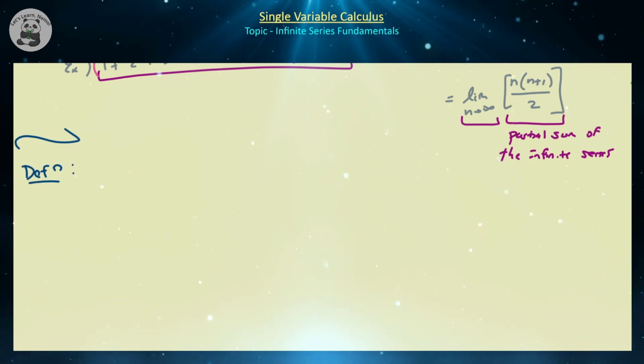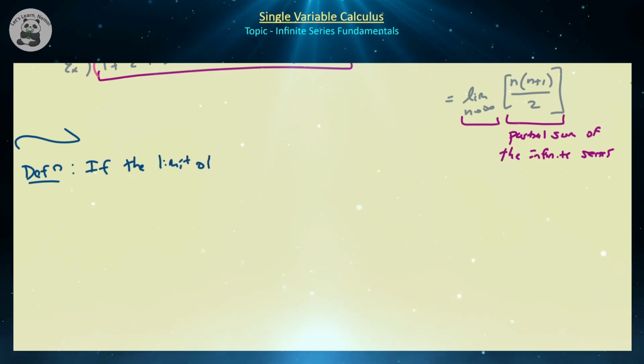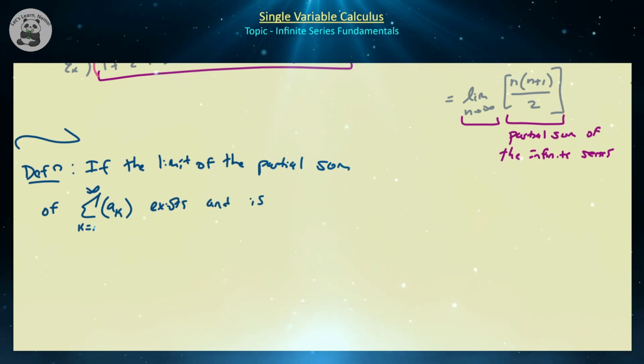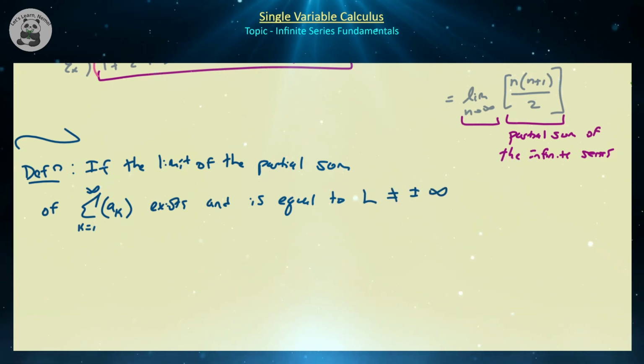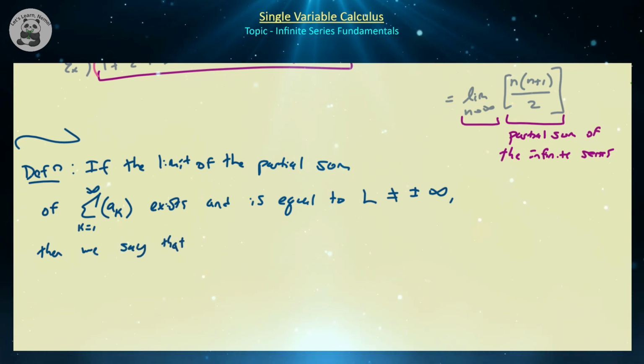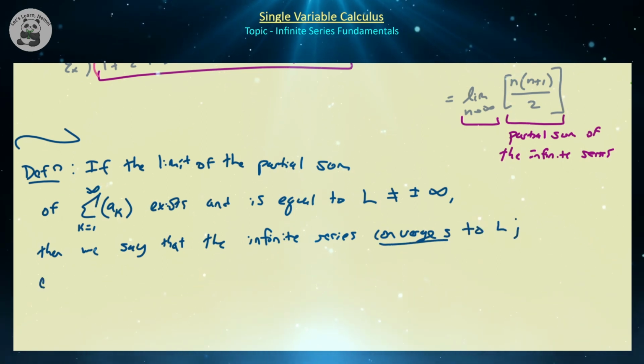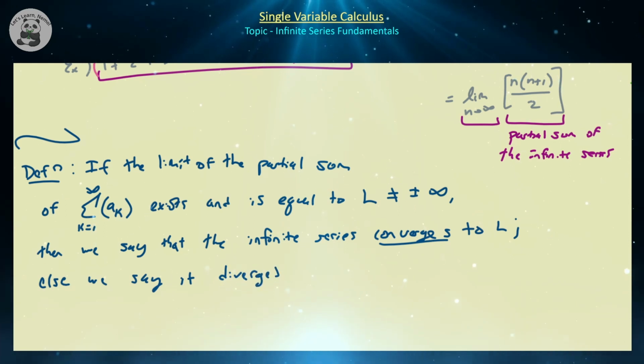Okay, so, definition. If the limit of the partial sum of this summation, the sum from k equal to 1 to infinity of some sequence a_k, exists and is equal to some number L, and let's of course mandate that it's not equal to plus or minus infinity, then we say that the infinite series converges to this number L. If it doesn't converge, we say the infinite series diverges.